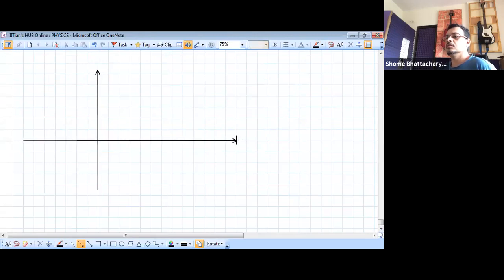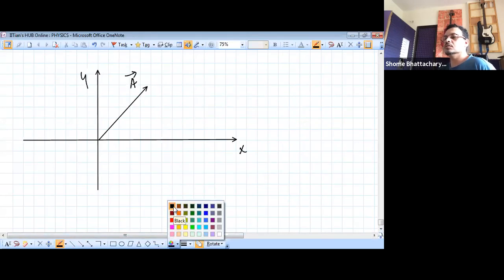अगर मेरे पास कोई वेक्टर A है. This is some random vector. See the vector A with respect to my xy axis. So what we do is you drop a perpendicular from this onto the x-axis and drop a perpendicular from this onto the y-axis.